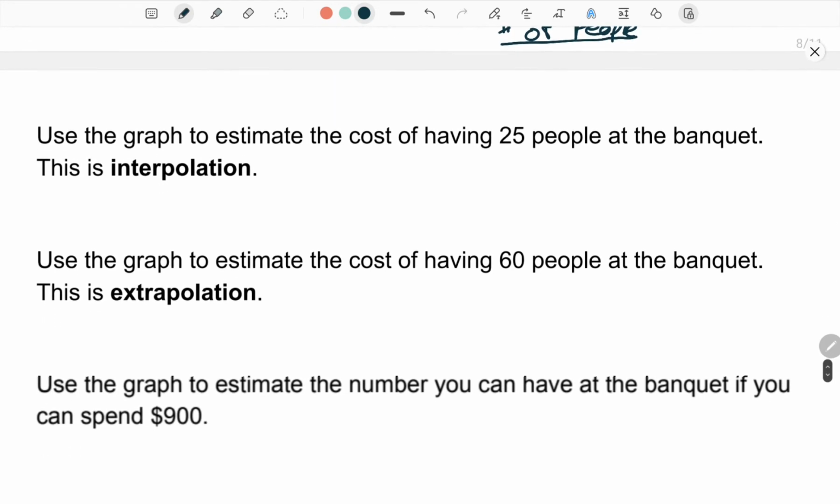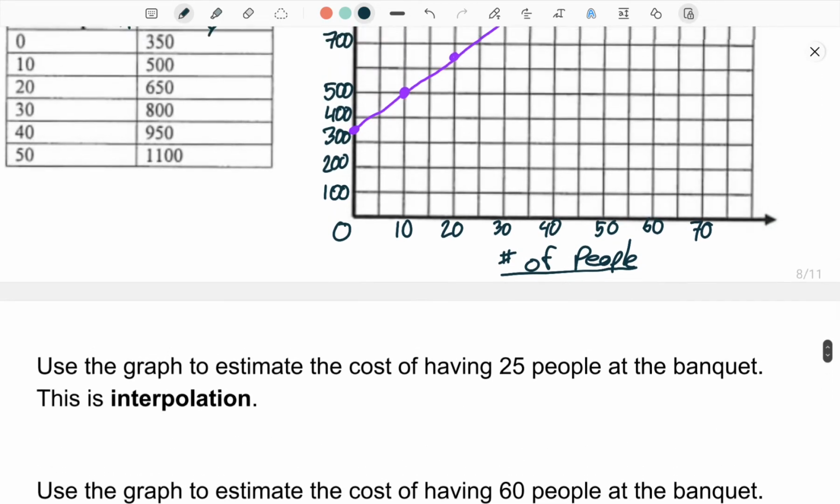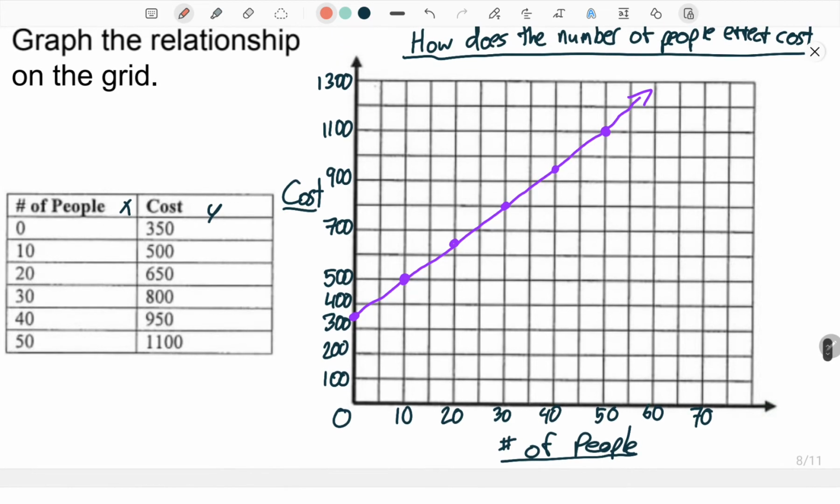So the first question we have is, can we use the graph to estimate the cost of having 25 people at the banquet? So in our original table of values, we didn't have the number 25, but now that we have this plot, what we can do is we know 25 people, that would be right there on the number of people part.